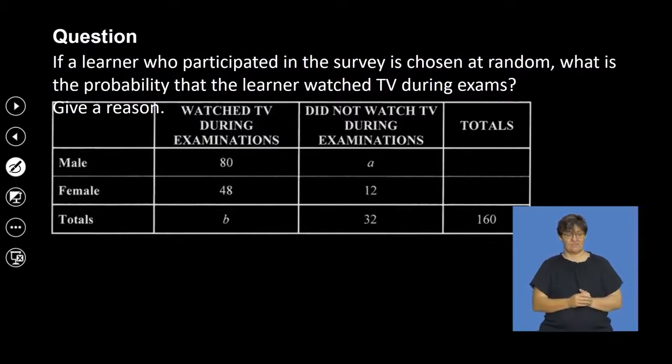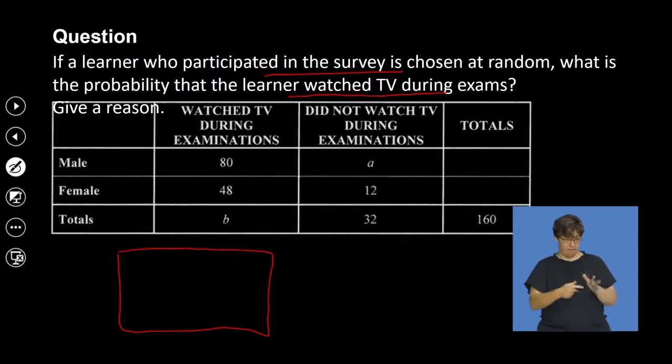It said, if a learner who participated in the survey is chosen at random, what is the probability that that learner watched TV during the exams? So I think my idea of taking my 160 learners, and let's just divide them into two categories: the category that watched TV and those that didn't watch TV.